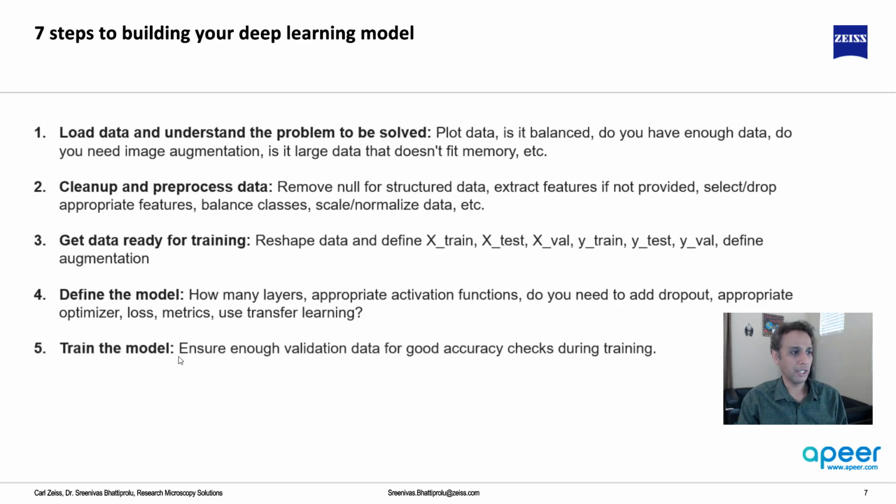Next, training the model. Ensure enough validation data. That's the only point I would like to make when it comes to training the model. Do not underestimate the importance of validation, because this is going to tell you if your model is doing the right job or not. Just imagine you have thousands of data points where you're asking, when do you think I will win a lottery?